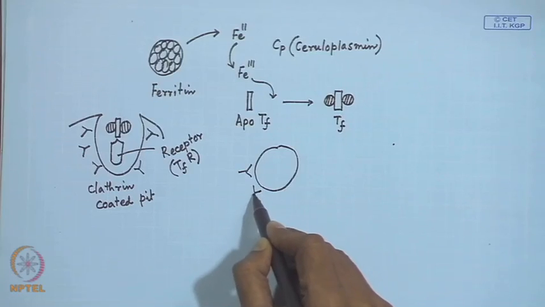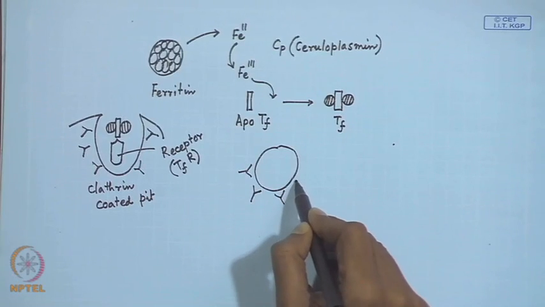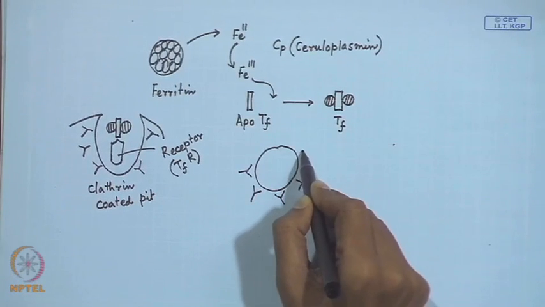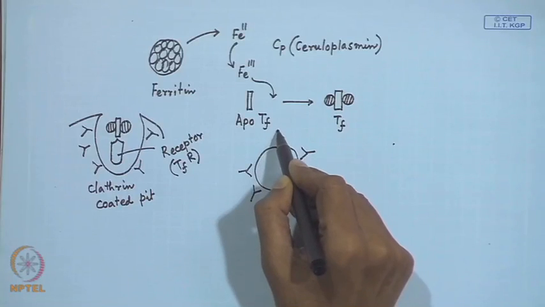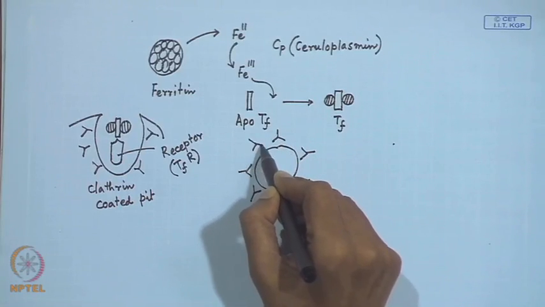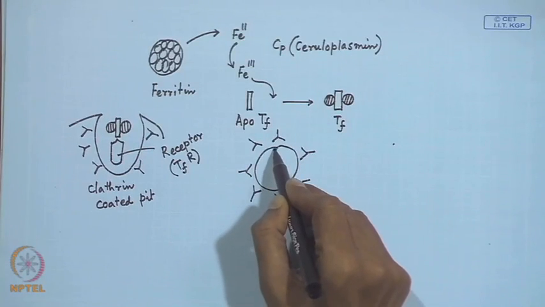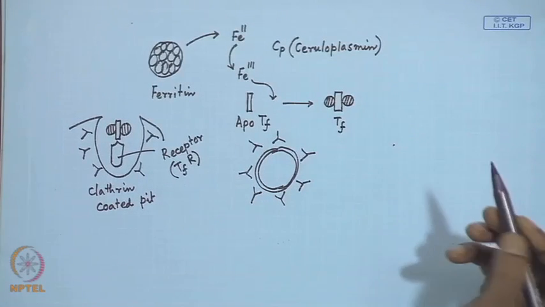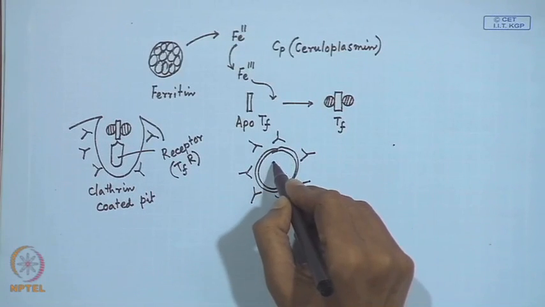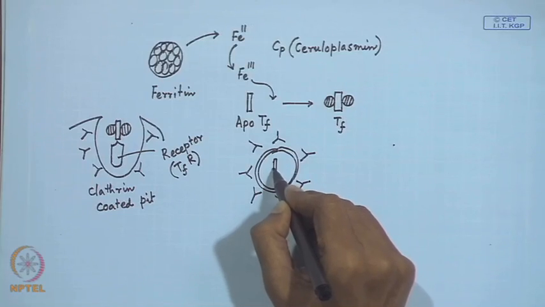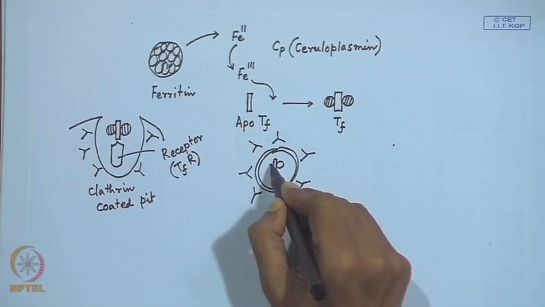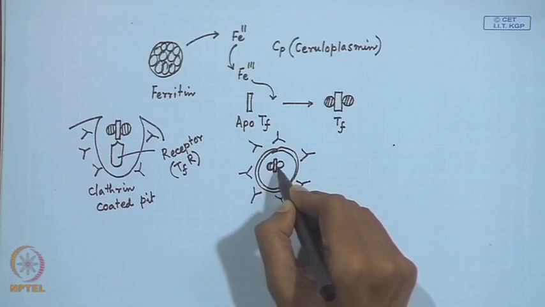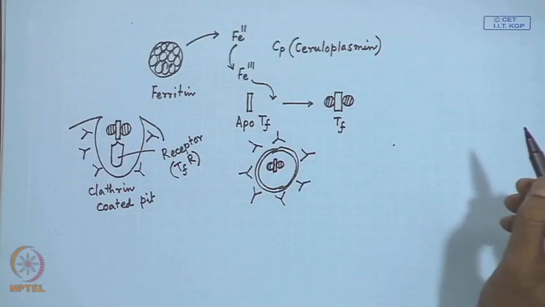So, you have the clathrin. So, basically it is giving a cell like structure, and within that the iron loaded transferrin molecules are sitting inside.